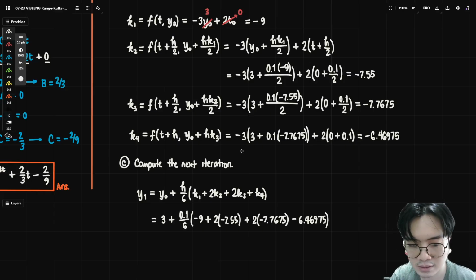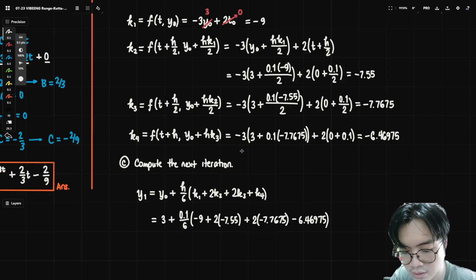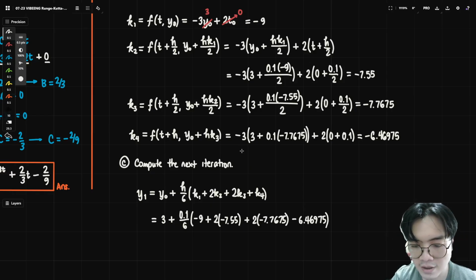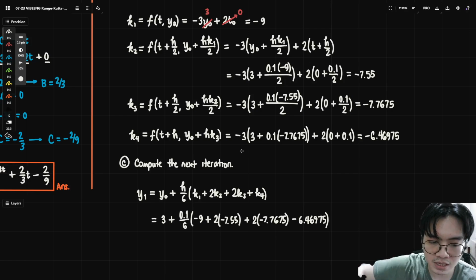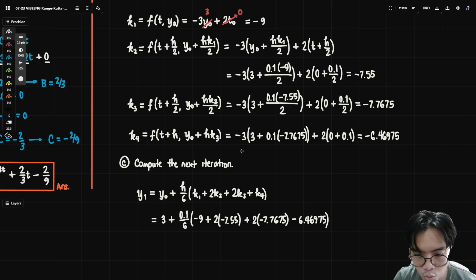0.1 over 6. Negative 9, minus 7.55 times 2, minus 7.7675 times 2, minus 6.46975. Our final answer will be, instead of 3, bumaba na siya ngayon to 2.2315875. Edi 2.2316 na.